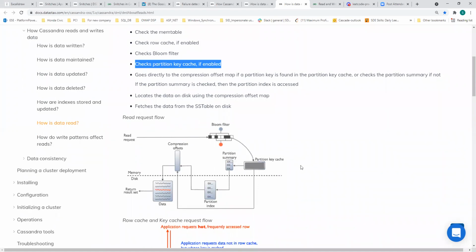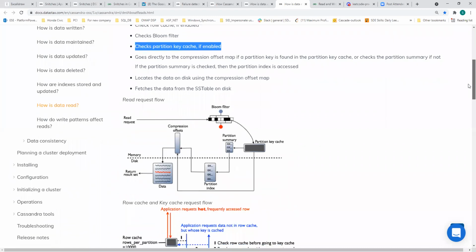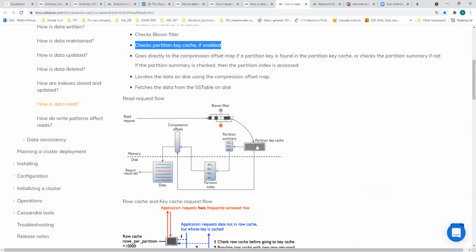If the partition key is present there, it will directly go to the compression offset. From the compression offset, it gets the location of the offset where the data is stored on the disk. It will go to that location, scan for the key, and return the result. So that is one way.